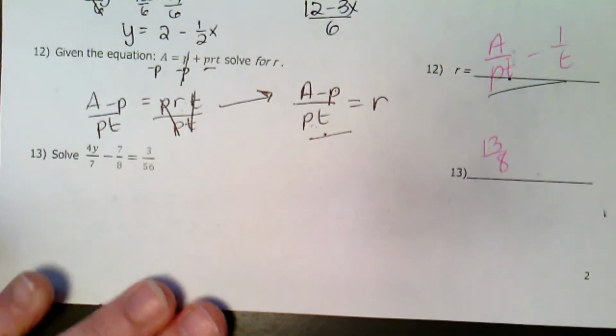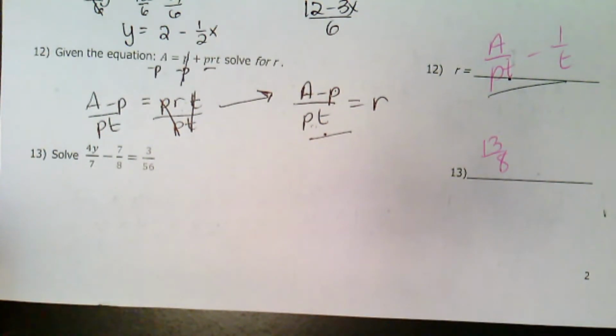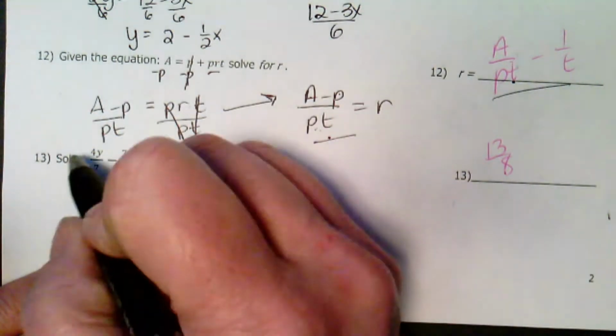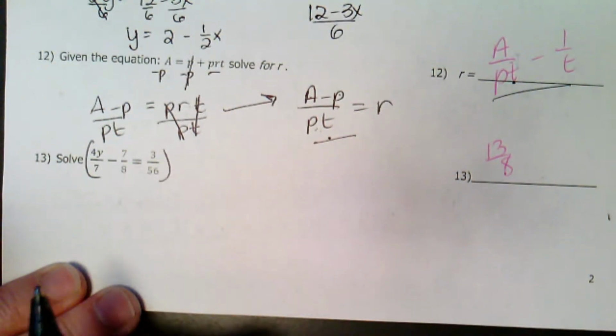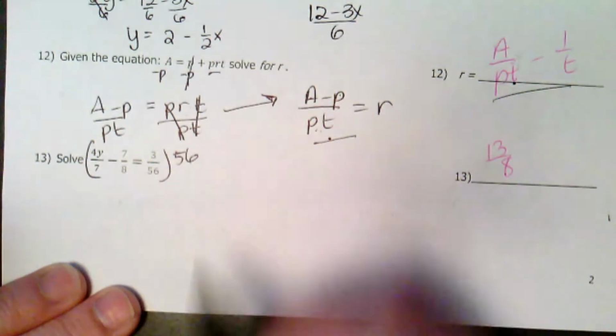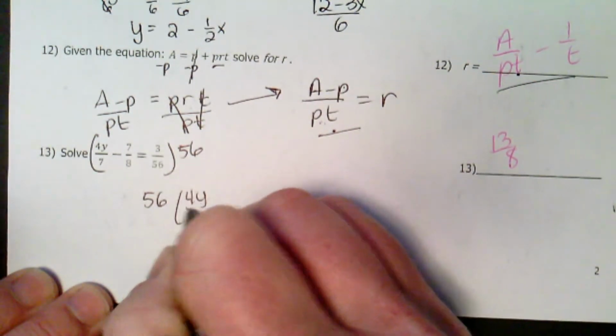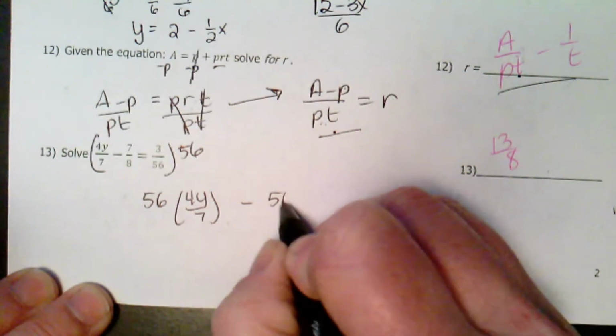Okay, number 13, 4y over 7 minus 7/8 equals 3 over 56. Anytime you have lots of fractions, find a common number that all the denominators go into and multiply it by it. So when you do that, you're making everything 56 times bigger.